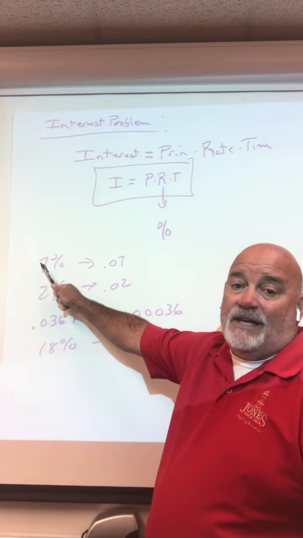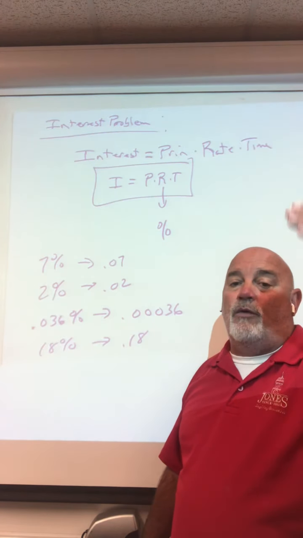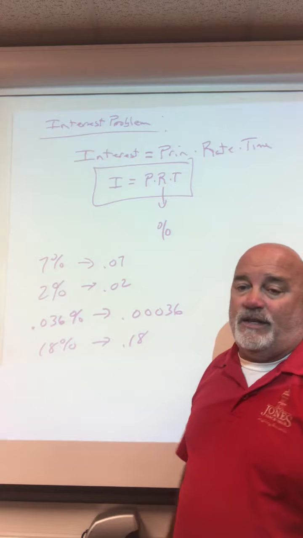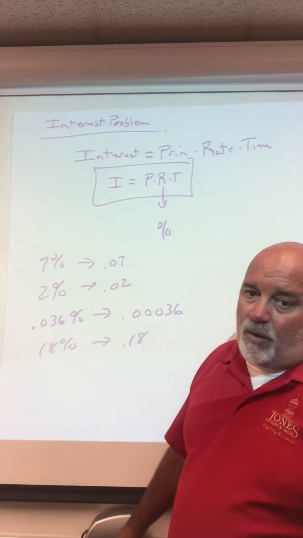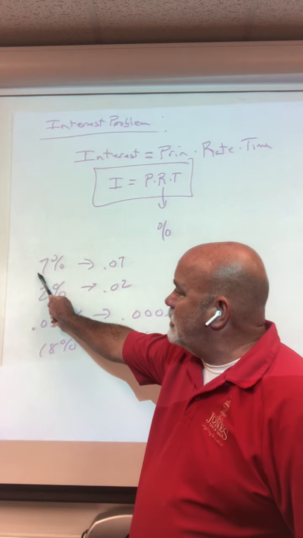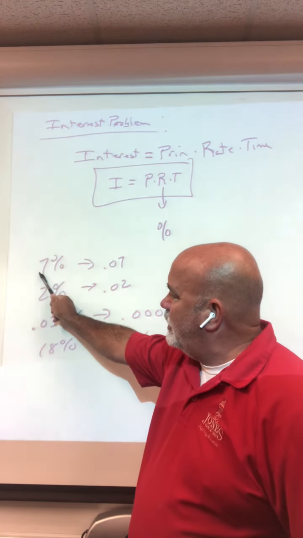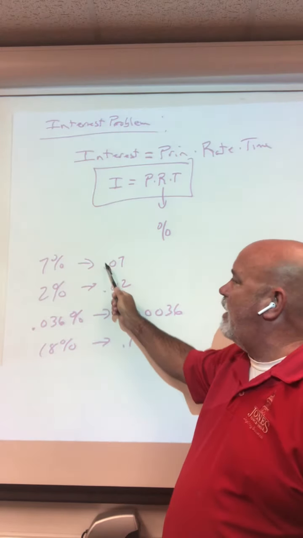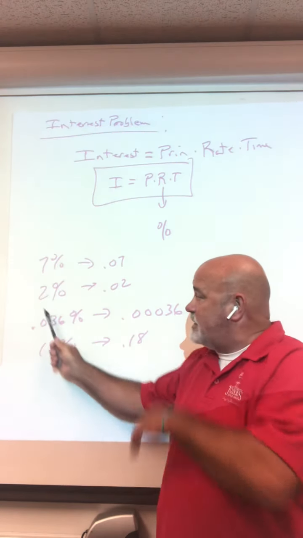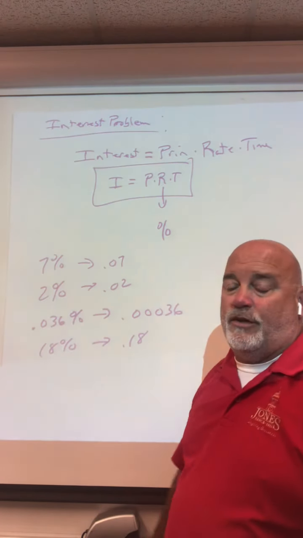So if I rewrite 7% as a decimal, remember that's 7 over 100, which is 0.07. Here's the way most remember it. Just move your decimal from where it's at 2 places back. So if you move this, that decimal's understood here. When you move it 2 places back, it's 0.07. So 2%, move it 2 places back, would be 0.02.